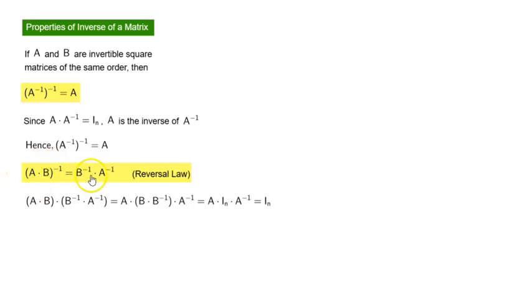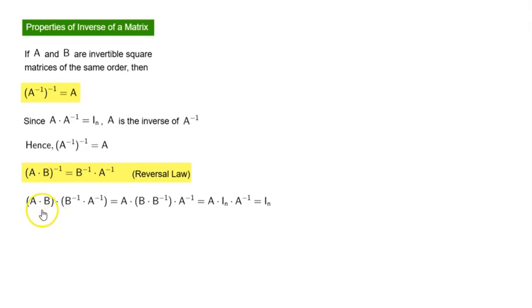A times B becomes the inverse of (A times B inverse), so A times B times A inverse. What remains on the left hand side? I sub n. So we should be able to get I sub n when we multiply these two.